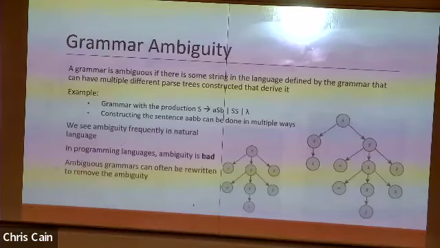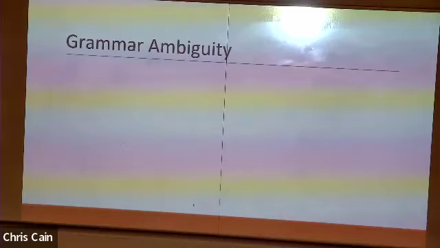So ambiguous grammars can frequently, not always, but frequently be rewritten to remove the ambiguity. So we're going to talk about what tools we can use to remove ambiguity from grammars and identifying that ambiguity in the first place. A really good example for this is a grammar for simple math expressions.